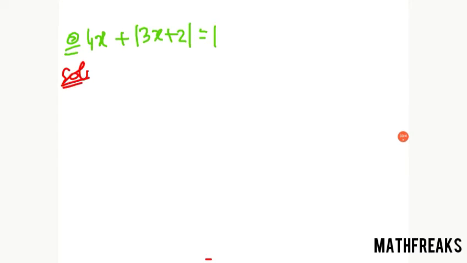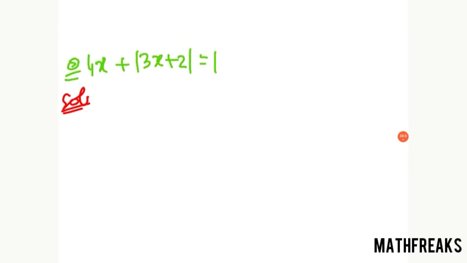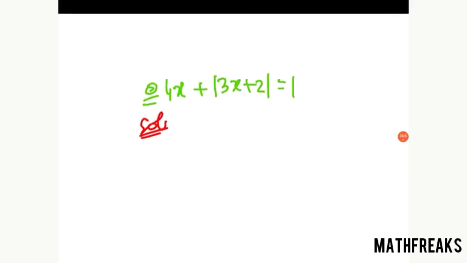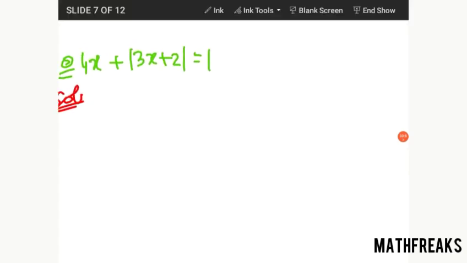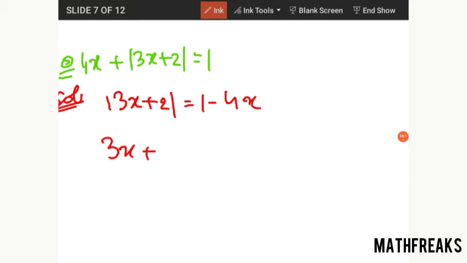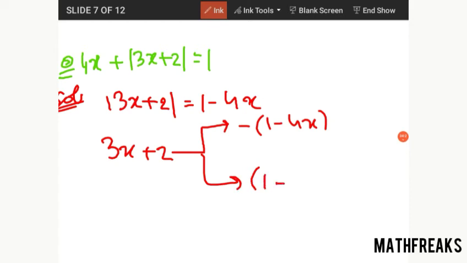Now again, this type of question we have discussed in lecture number 1. That is, we will write this as 3x plus 2 can either be equal to minus of 1 minus 4x, or can be equal to 1 minus 4x, right?